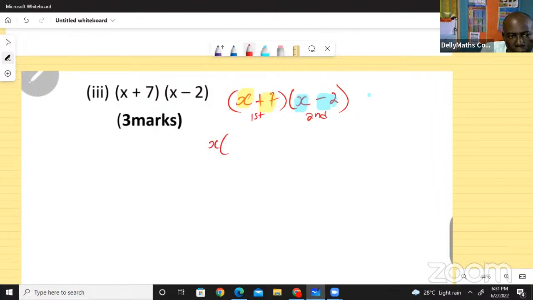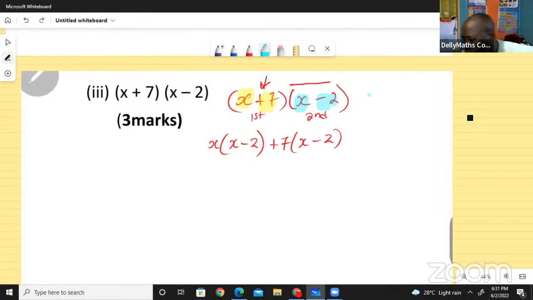X will multiply by x minus 2. +7 will multiply by x minus 2. Now look, x will multiply by everything over here. +7 will multiply by everything over here. That is why we have all of that set up. Look at it.